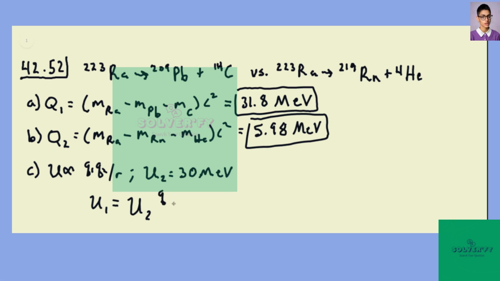The charge for lead, the charge for carbon, and of course the radius of the radium nucleus doesn't change between the two. Radon, helium, and so then the barrier for this is 86 mega electron volts.